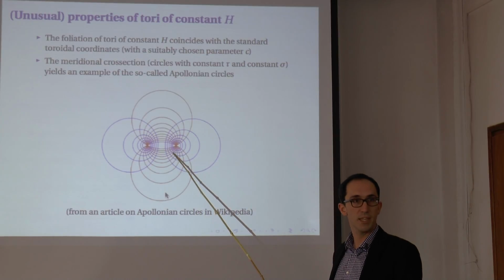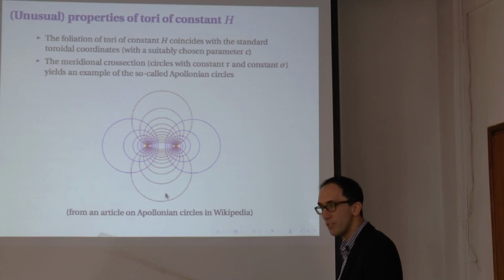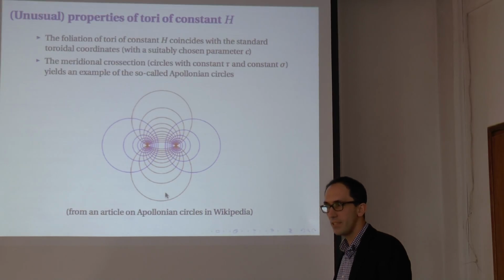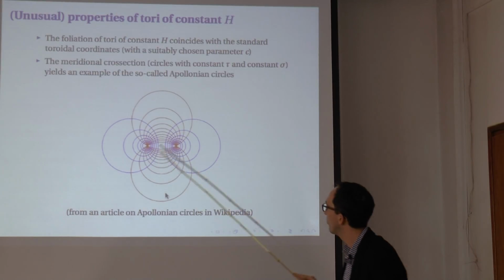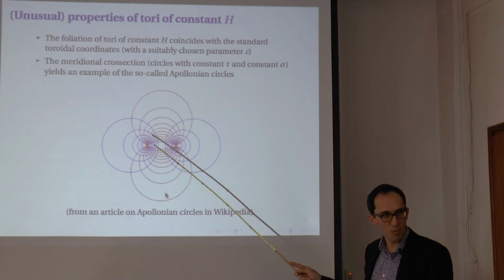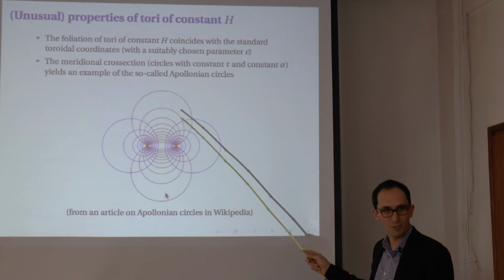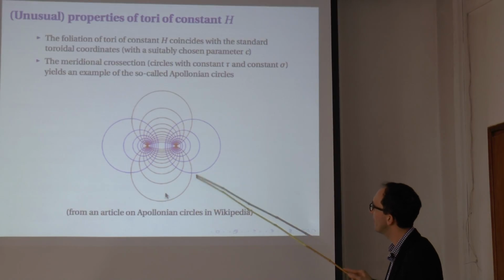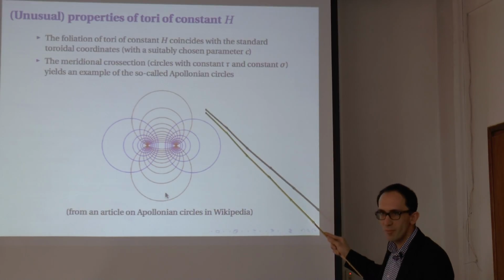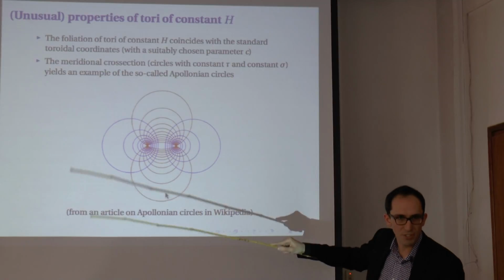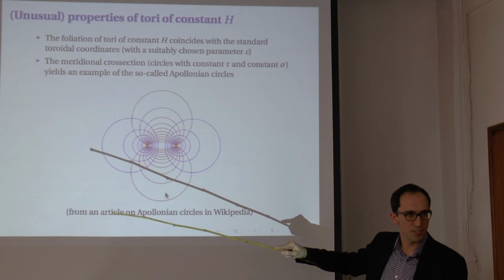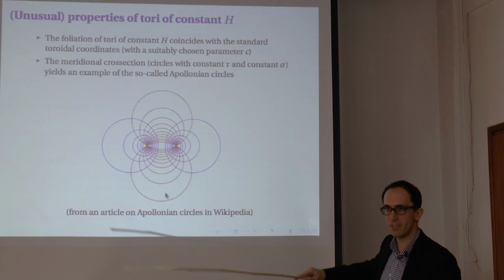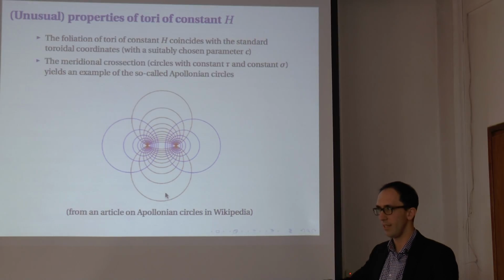It's from the article on Apollonian circles, and the surfaces of constant tau and sigma are just families of circles, and they are Apollonian circles. These are circles such that every circle from one family crosses every circle from the second family in 2 points, and they always cross orthogonally.